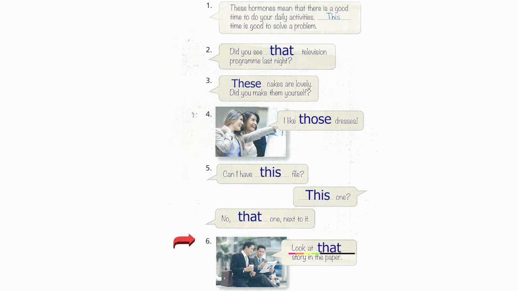Look at that story in the paper. From here we know that I use this and that for singular and these and those for plural. This for near singular, that for far singular, these for plural, which is near, and those for plural, which is far.